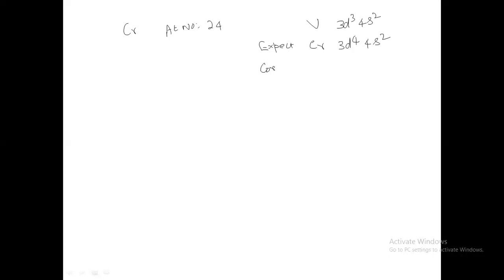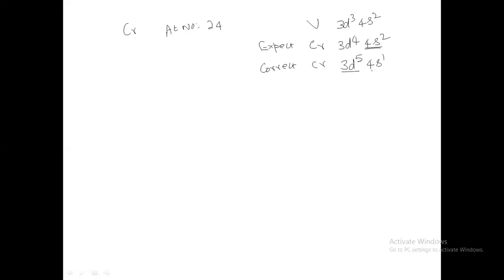The correct electronic configuration of chromium is that one electron from the s orbital is shifted to the d orbital, and we get 3d5. In 3d4, the d orbital is partially filled, so there is less stability. To attain stability, one s electron is transferred to the d orbital.